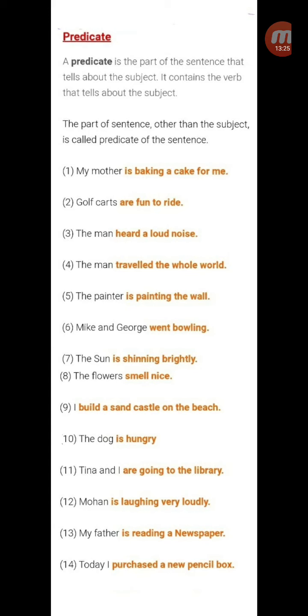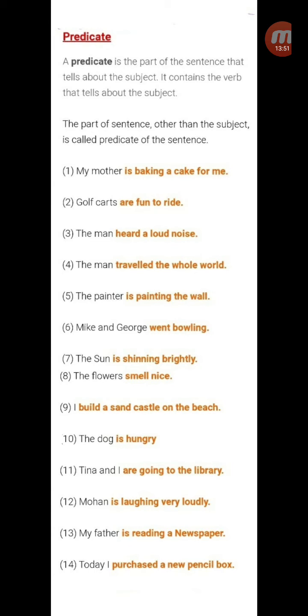So with predicate you put a question: who? The man traveled the whole world. Who traveled the whole world? The man. The painter is painting the wall. Who is painting the wall? The painter. Mike and George went bowling. Who went bowling? Mike and George.